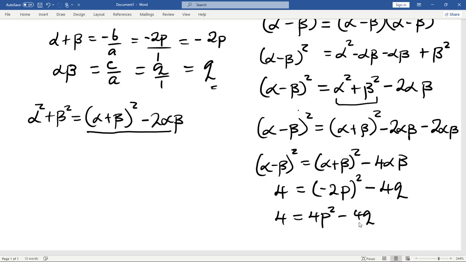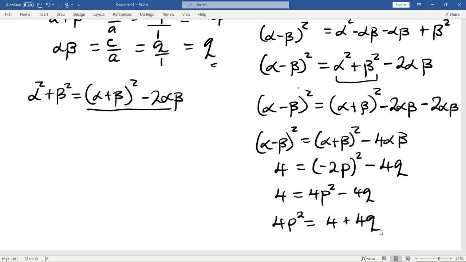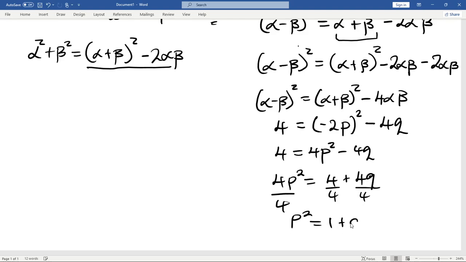Making 4p squared the subject, we have 4p squared equal to 4 plus 4q. Then we divide throughout by 4, so p squared is equal to 1 plus q.